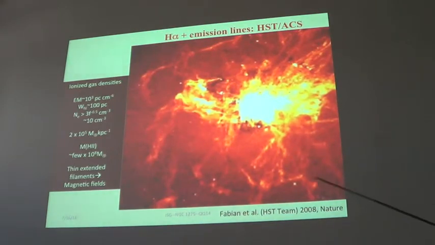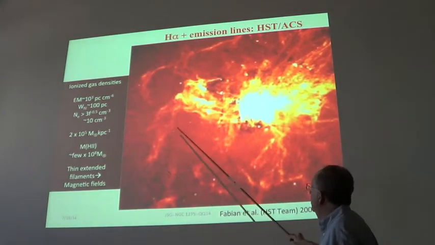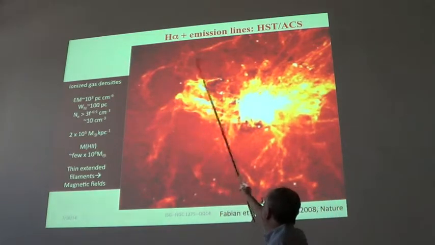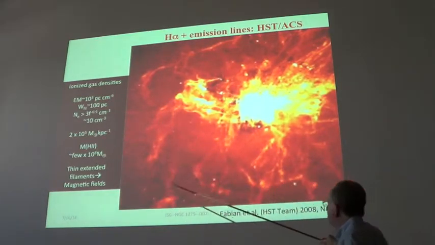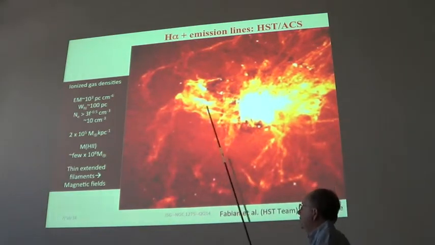So what you see here is this complex system of ionized filaments. You see some sites of star formation, but they're very few. And you see that the filaments actually have a relatively uniform structure, and that their brightness does not depend immediately on radius. It's more, well, you have multiple ones stacked up.